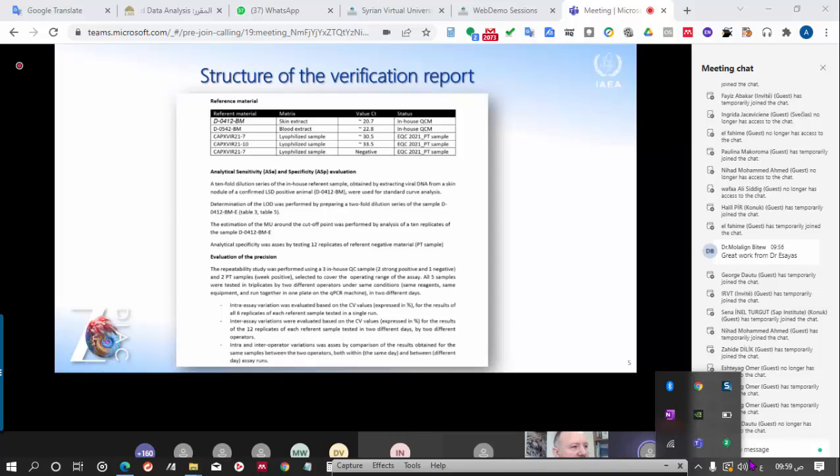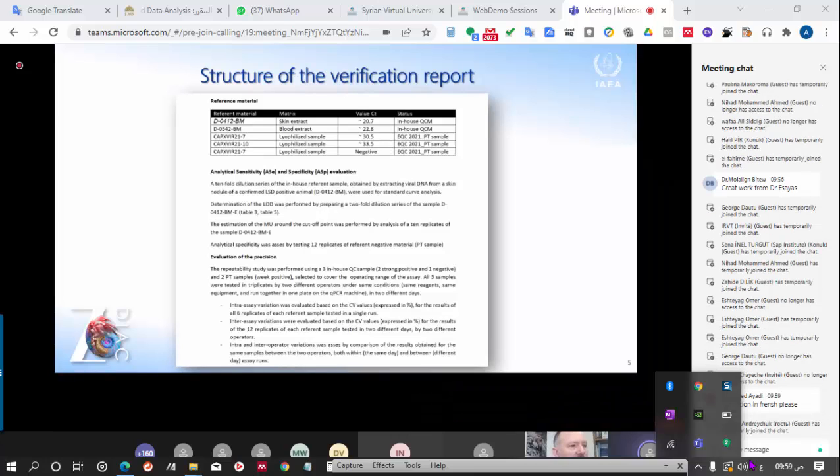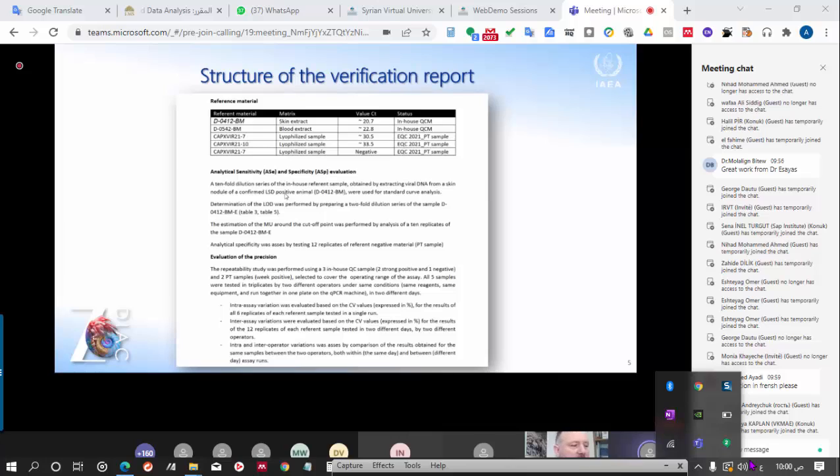One was from a skin sample extract, and the second was an extract from the blood of animals, proven to be positive by other tests as well, with the estimated value determined in comparison with the reference material. Then the next 2 samples are low positive samples obtained within proficiency test participation, and the third one as well, but it was a negative sample.